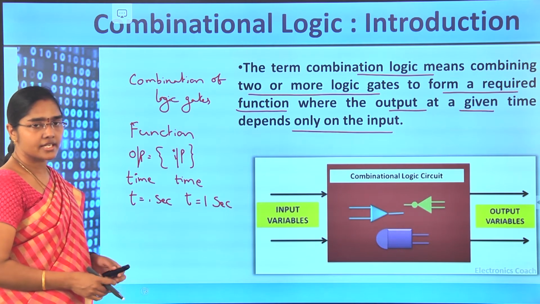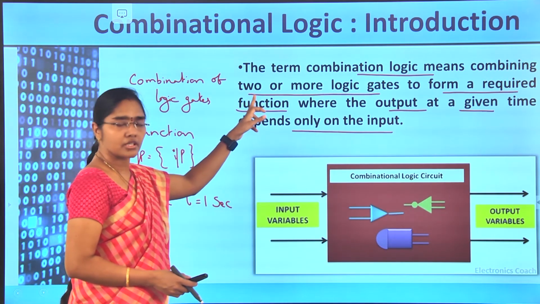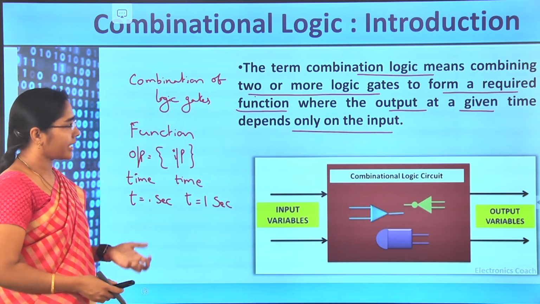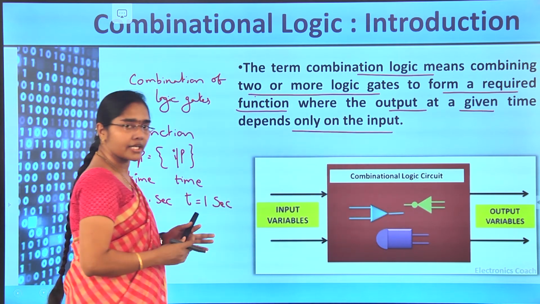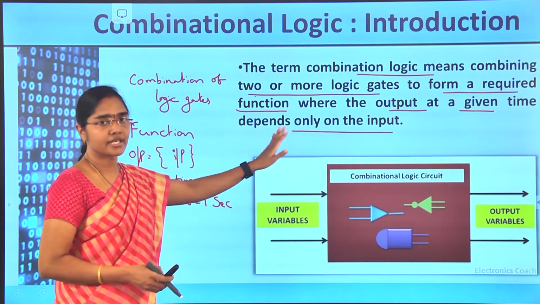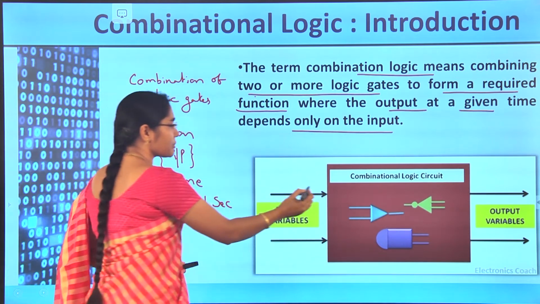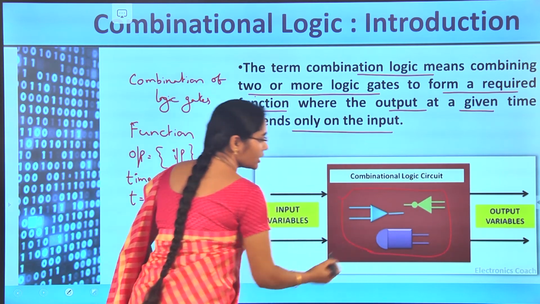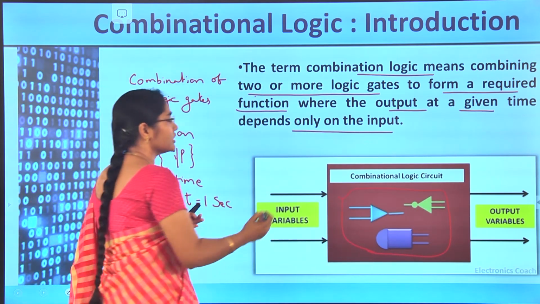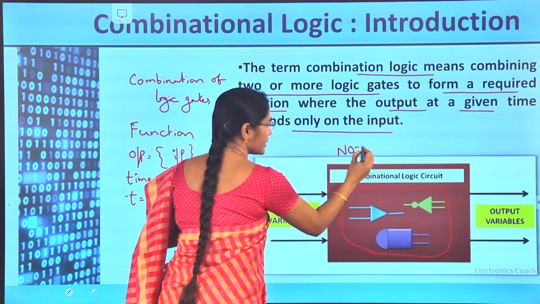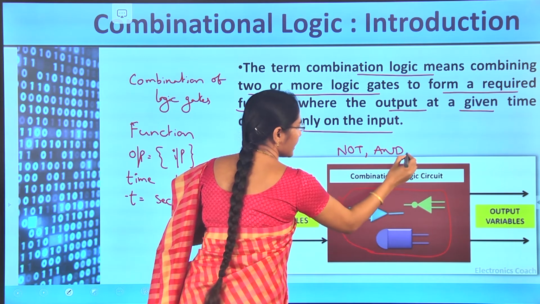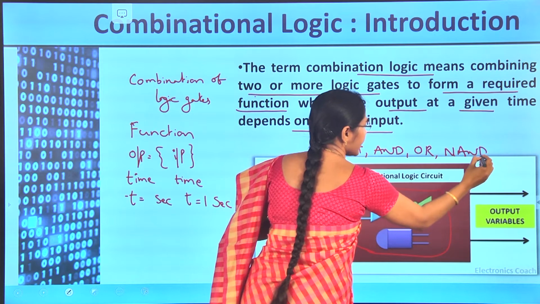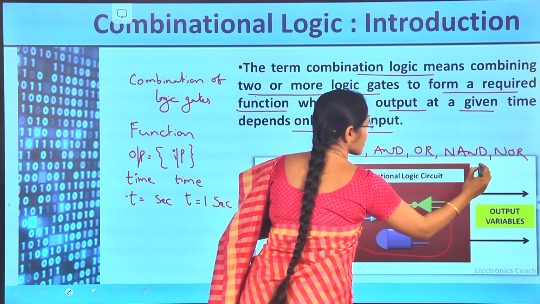So, combinational logic design means combining two or more logic gates to form a function, and the output at any given time depends only on the inputs at that time. That will be represented using this diagram, the combination of logic gates. The different logic gates we have are NOT, AND, OR, NAND, NOR, XOR and XNOR.